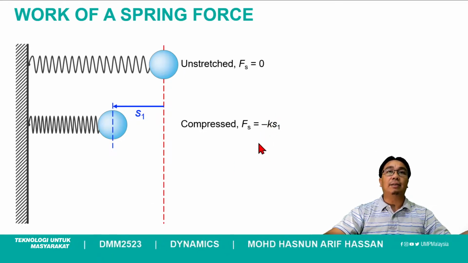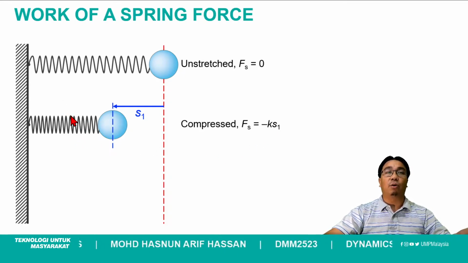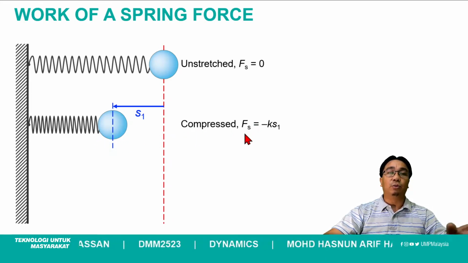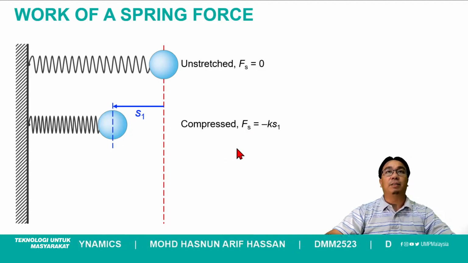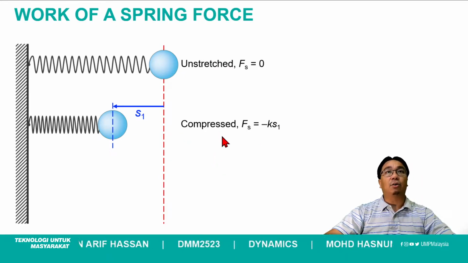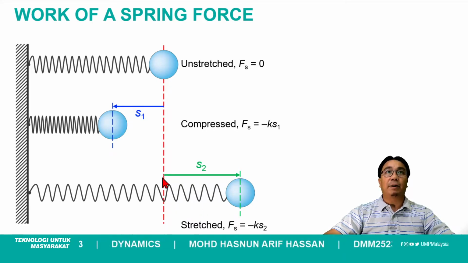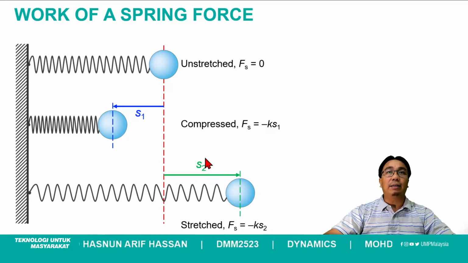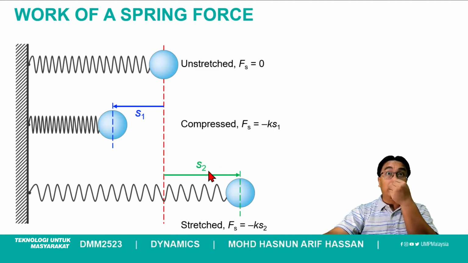K is the spring constant, which is always given in the problem, where the unit of spring constant is Newton per meter. Okay, Newton per meter. That is the unit for spring constant k. This is the case of compression. Kalau the spring is stretched, okay, daripada panjang asal dia yang merah ni, dia stretch ke sini. So akan ada elongation of the spring ataupun pemanjangan spring sebanyak S2 ni, S2.